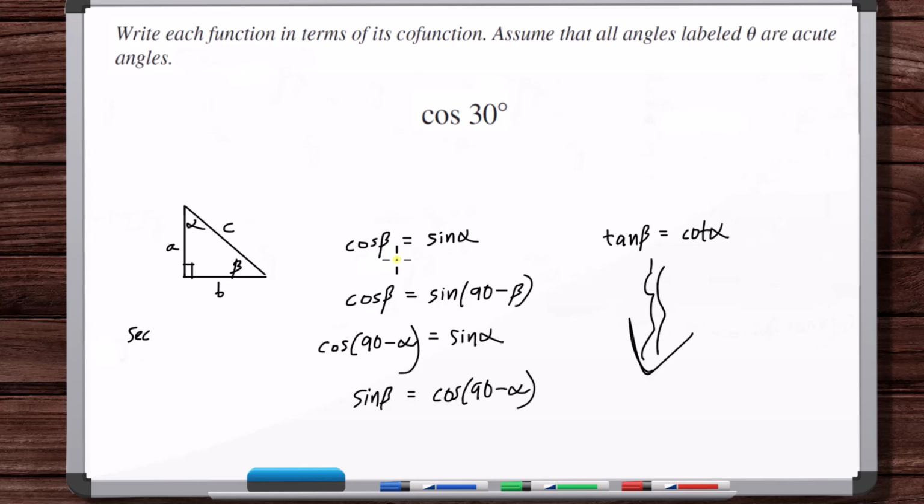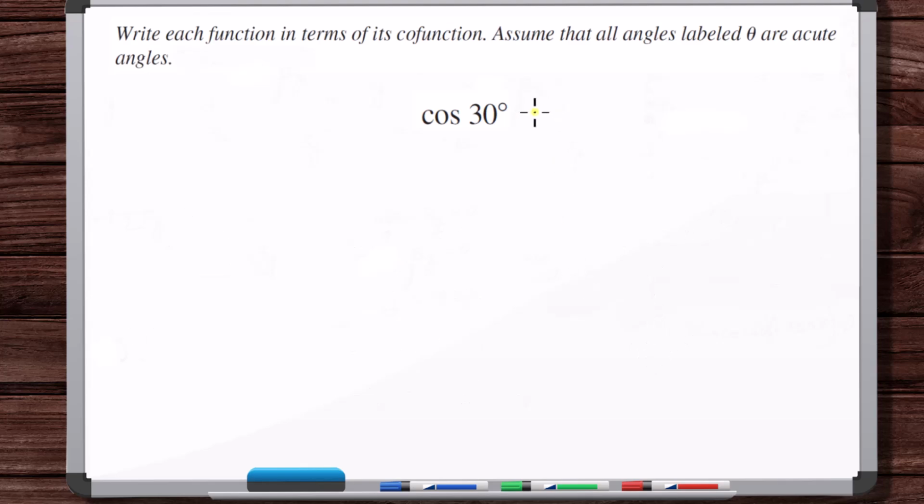So we just, okay, so cosine of 30, what's its cofunction pair? It's sine. Just do 90 minus 30. That's it. Okay, cosecant, what's cosecant's cofunction pair? It's secant. 90 minus 60. That's it. Secant's cofunction pair is cosecant.